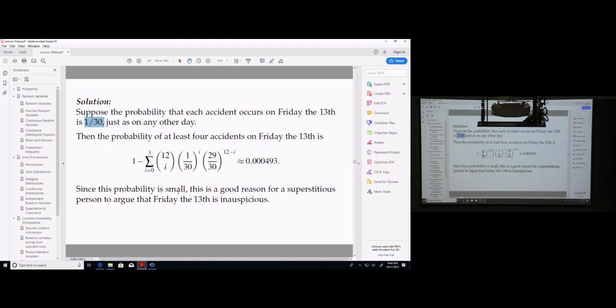Well, more than not auspicious. It's dangerous, all right? So this is actually a reflection of many of our decisions or our thinking. If the probability is small due to chance, then there might be some other explanations. So here the argument is that Friday the 13th is nothing special or nothing bad as compared to the other 29 days.